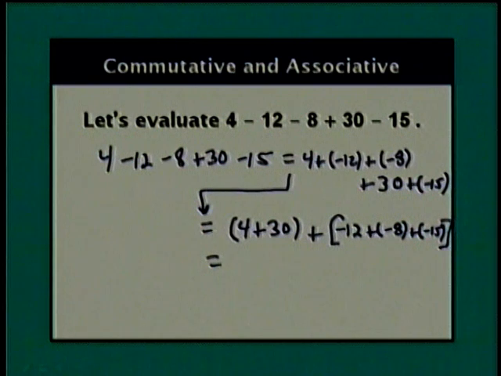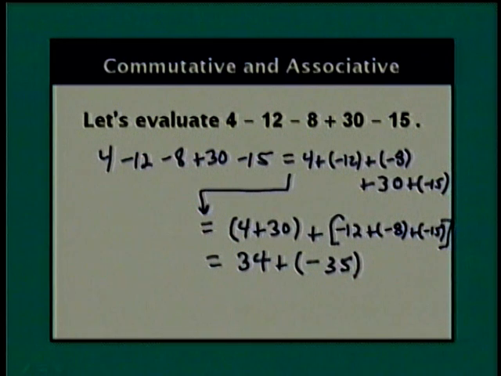When I add 4 and 30, I get 34. When I add my three negative numbers together, since all three numbers are negative, I know that the result is going to be negative. And to get the magnitude of the number, all I need to do is add the three absolute values. 12 and 8 is 20, 20 and 15 is 35.